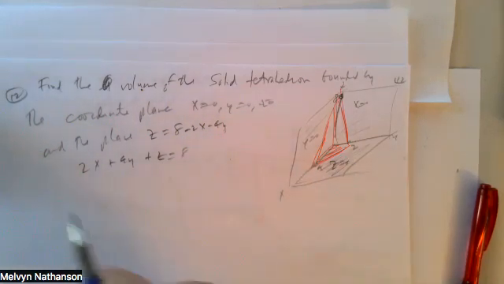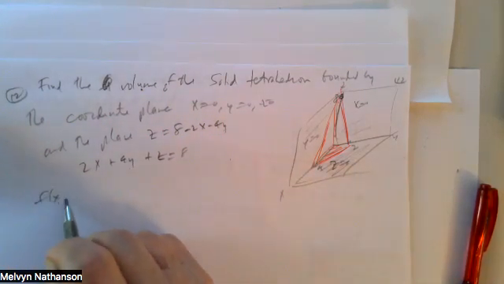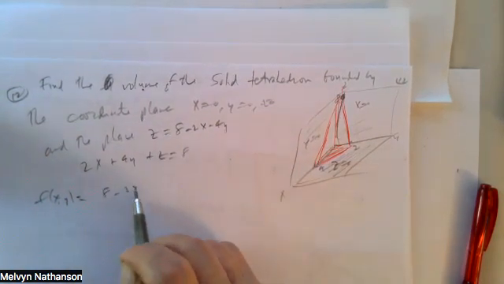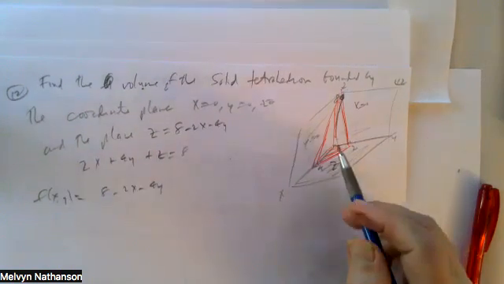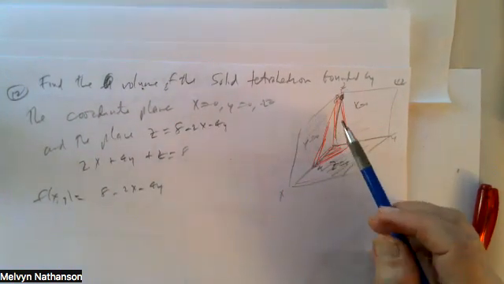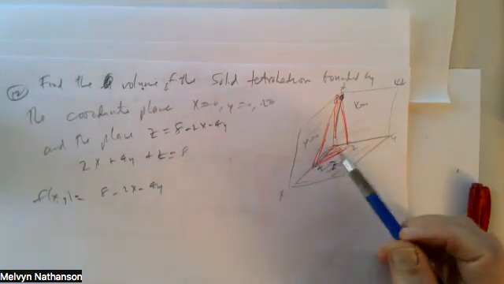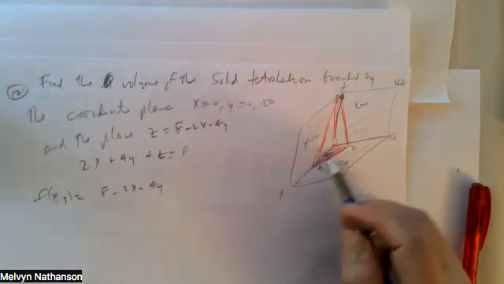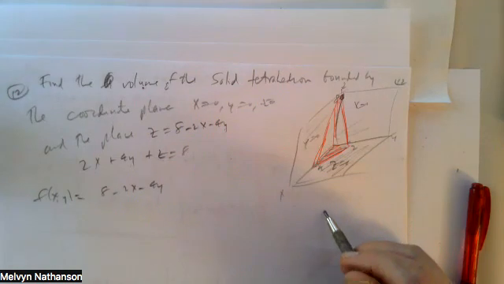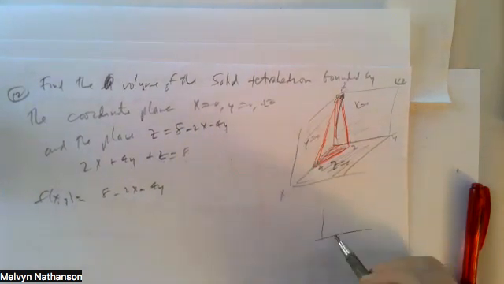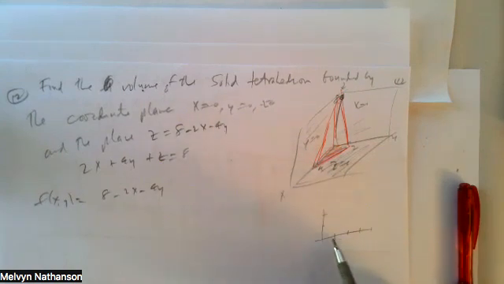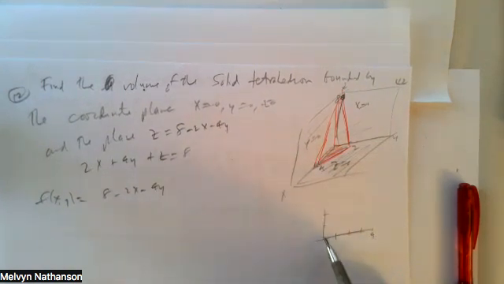So we have this function, f of x y, which is my z, 8 minus 2x minus 4y. And the volume is just the integral of this function over this triangle. What is this triangle that we're looking at? In this triangle, x goes from 0 to 4, and y goes from 0 to 2.